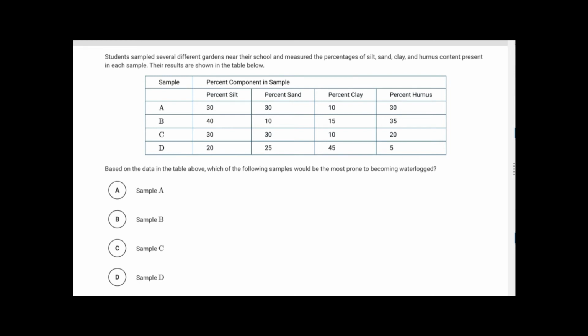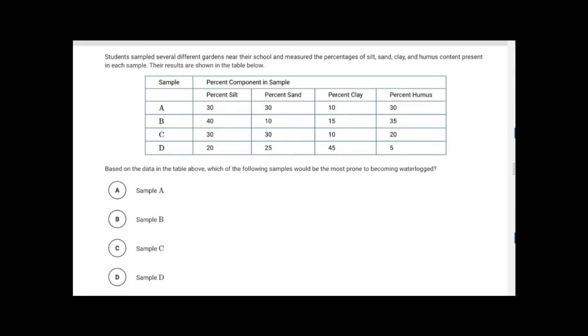They're asking which of these soils would be the most likely to get waterlogged, to have too much water, standing water, after it rains, where water gets stuck in the soil. So, what do you guys think? Okay, I'm seeing some really good answers.